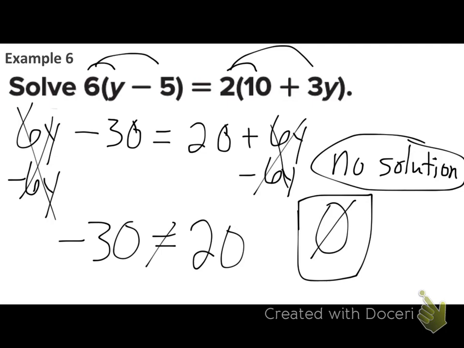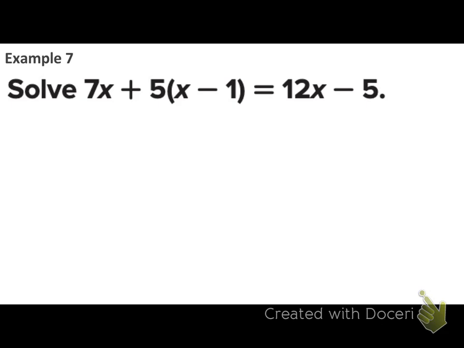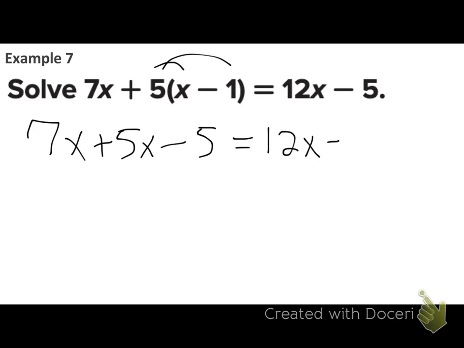Next example, really fast. Simplifying both sides of the equal sign. I can distribute here, correct? I'm going to move fast through this problem. 5 times x. 5x. 5 times negative 1. Negative 5. Can I simplify the left anymore?